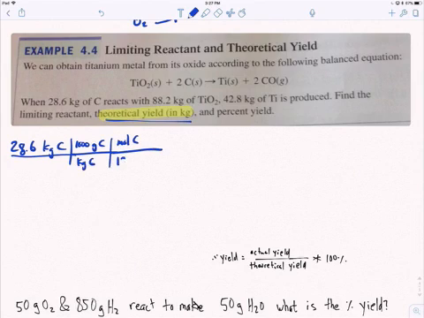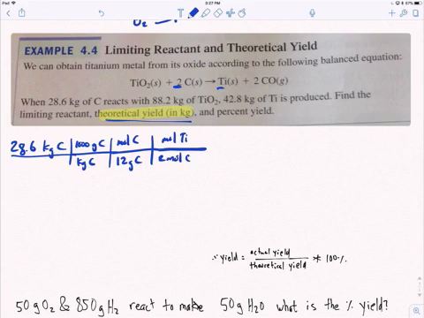Mole carbon to 12 grams carbon. And then the ratio of 2 moles titanium to 2 moles carbon. I'm getting that from the balanced chemical equation. And then, how many grams?